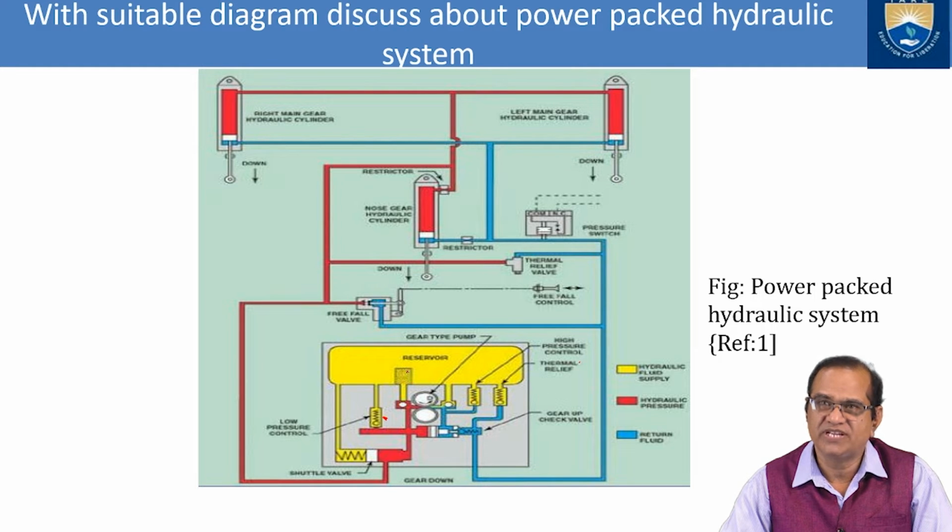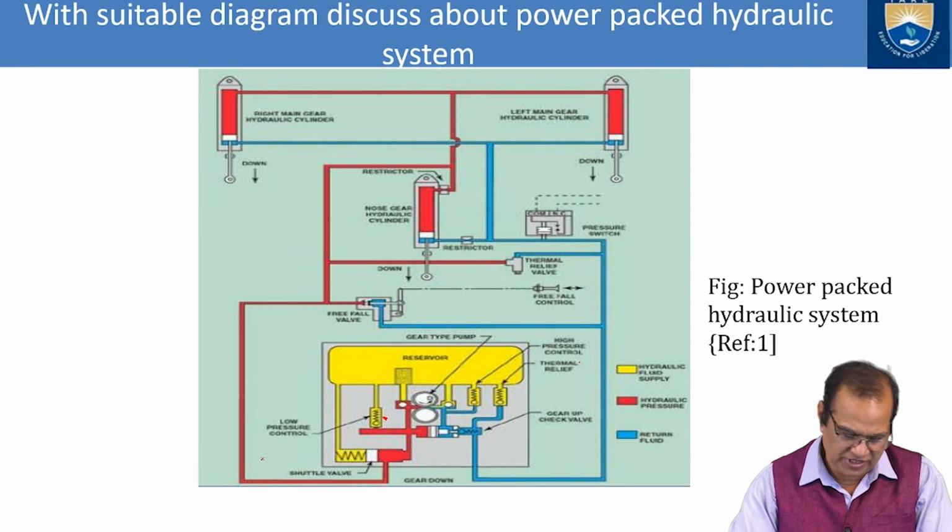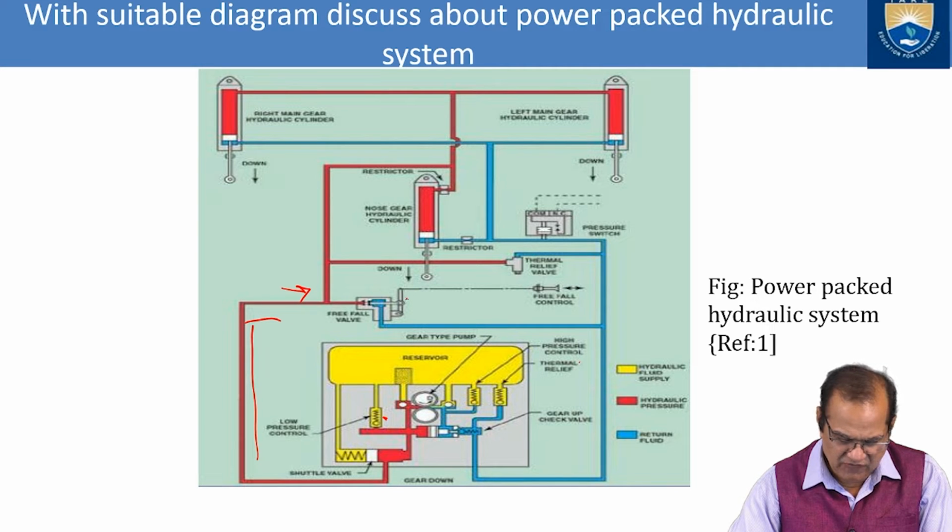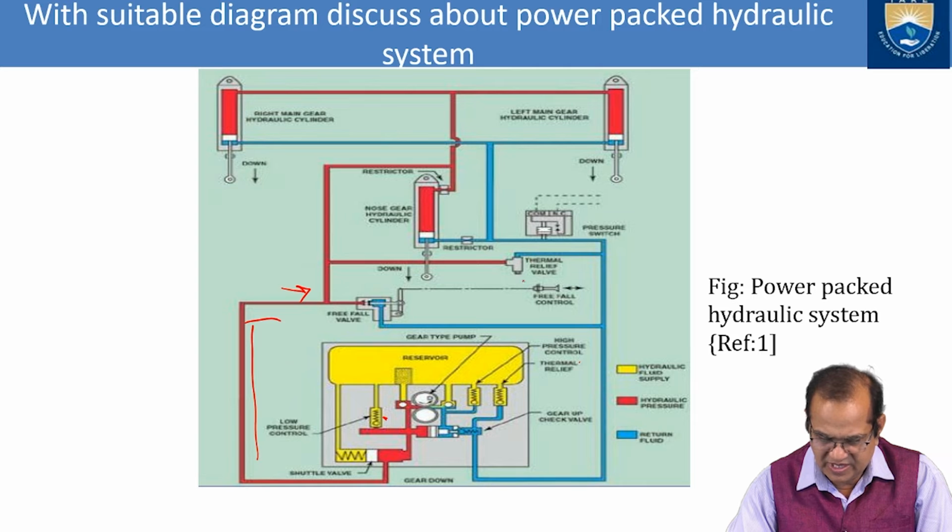So from the reservoir, fluid is sucked by the pump. From here, high pressure is going here, and this is going in this way. Then it goes to the free fall valve here. Then from here it goes to the nose gear hydraulic cylinder.